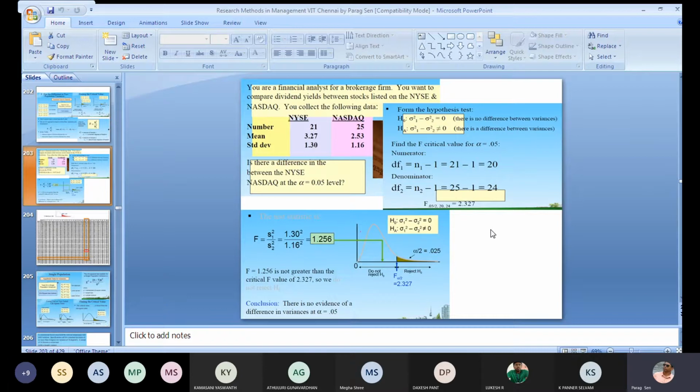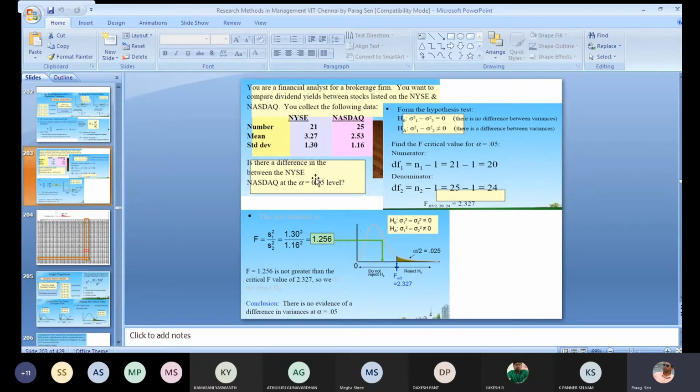And alternatively, you can also check your p-value. When you do this using the Minitab software, you will get a p-value. Suppose your p-value is 0.07. The problem that you are considering is alpha equal to 0.05 level.